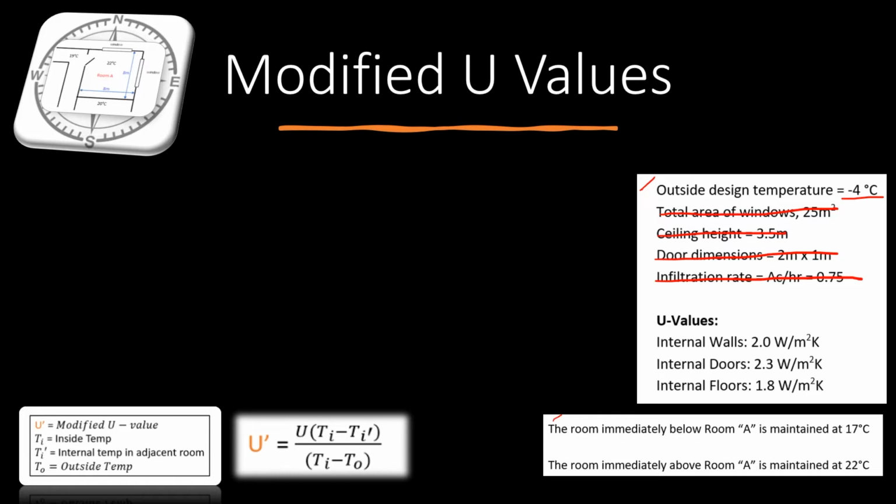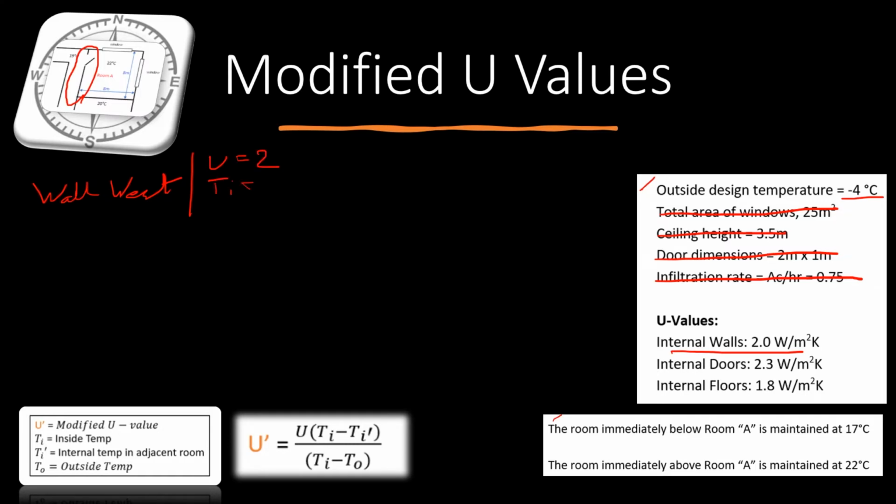Okay, let's take this west wall here. So wall west. Okay, so what do I need for that? I need the U value. So U value, internal wall, is going to be 2. Nice and easy.